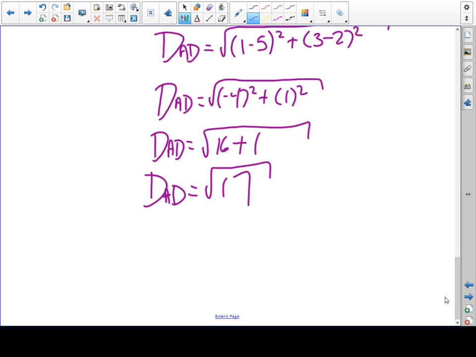So now that we're done, we can say, and this is important, because we can't just say it's a square. Okay, well, why is it a square?